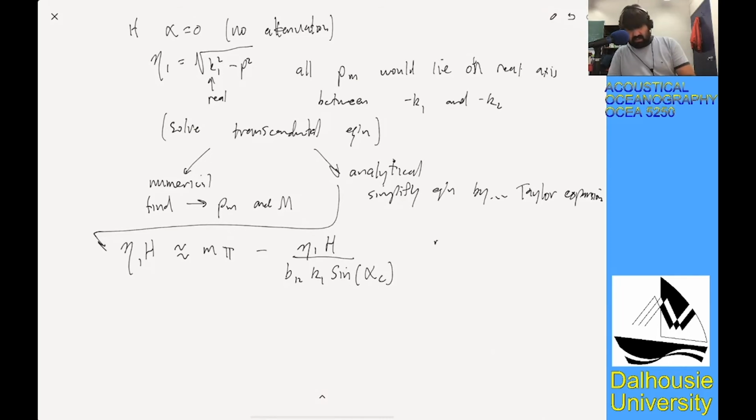And recall, alpha c is the critical angle. It's just the inverse cosine of the ratio of the wave numbers. We did that when we looked at reflection from the bottom, and this is the critical grazing angle.